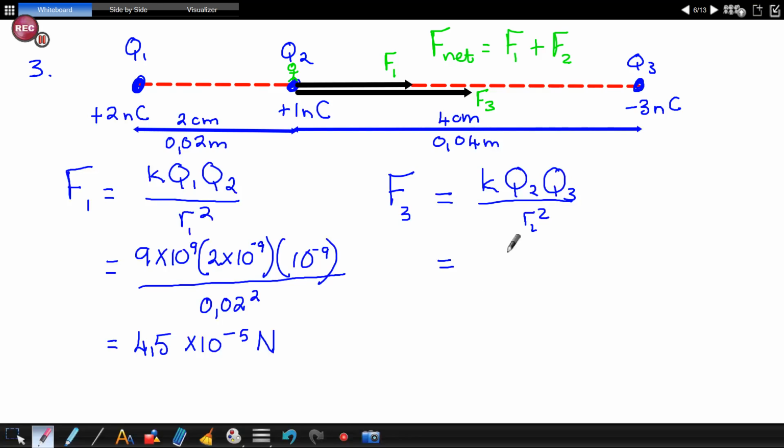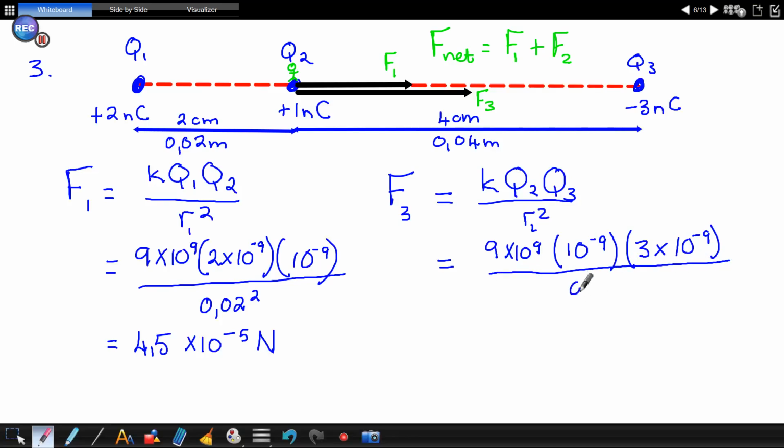Ready to roll? The value of K is 9 times 10 to the 9. You find that on your data sheet. The value of Q2 is 10 to the negative 9. The value of Q3 is, we don't substitute the negative there, so it's 3 times 10 to the negative 9. And the distance between the two? Perfect.